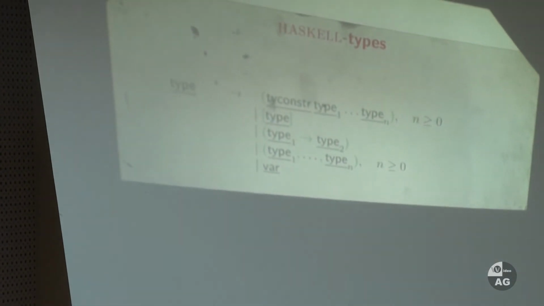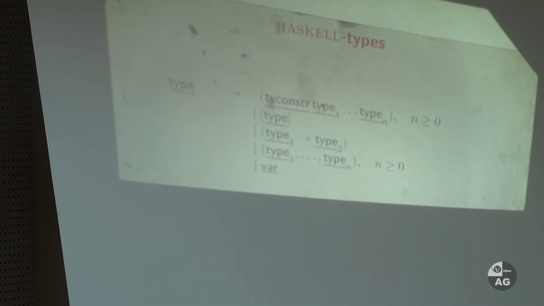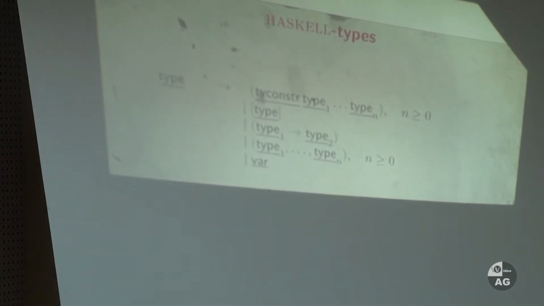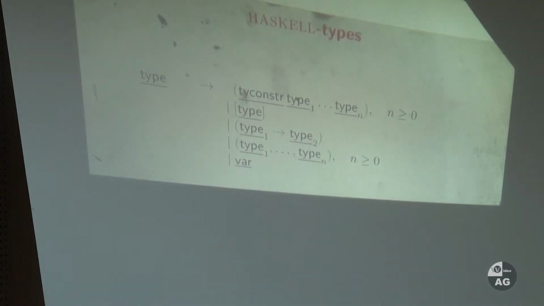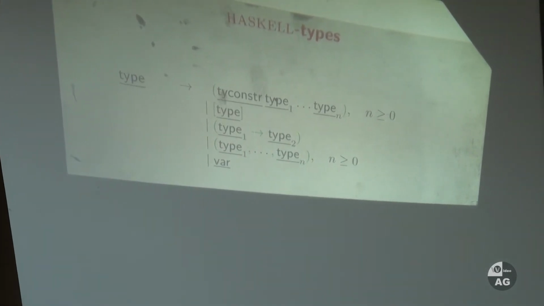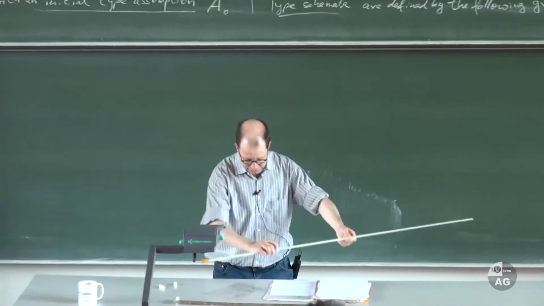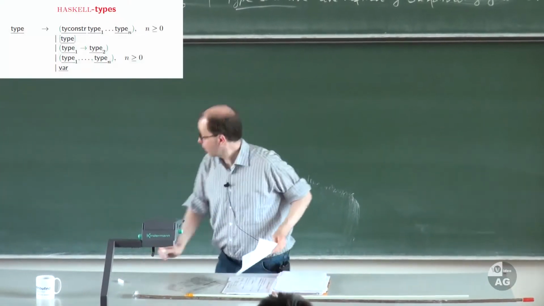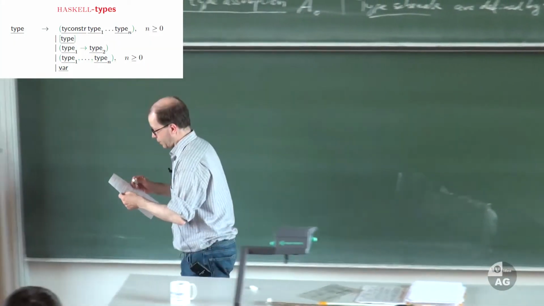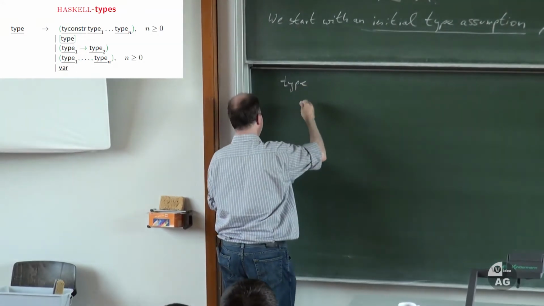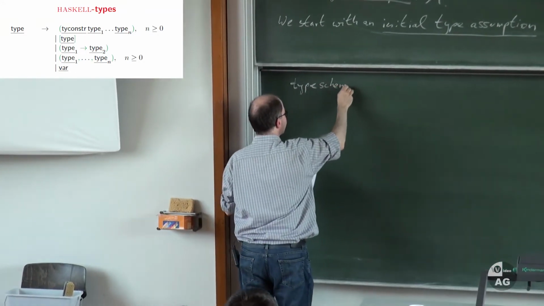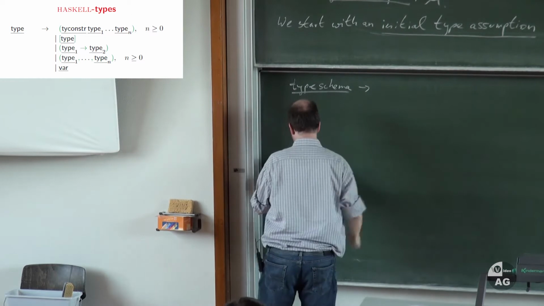Okay, so this was the definition of types in Haskell. And the definition of type schemata is almost the same. The only difference is that you can also have quantifiers. So how would the grammar look like? Well, it would look almost like this. If you want a type schema, how can you get it?